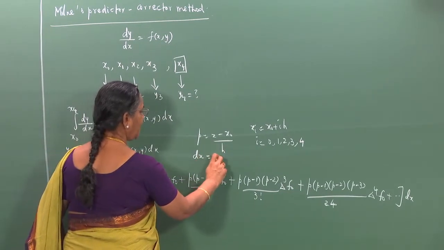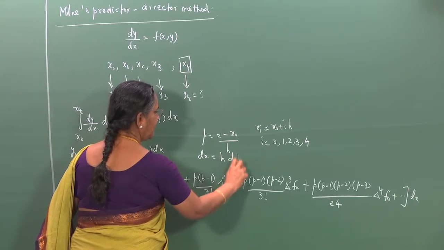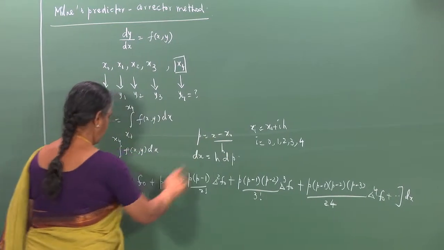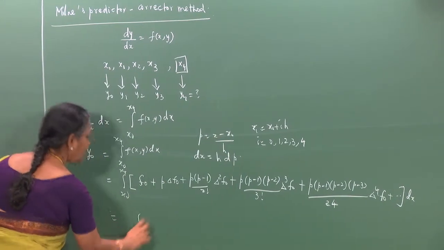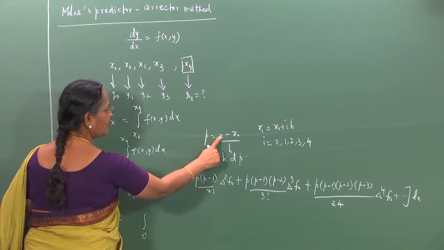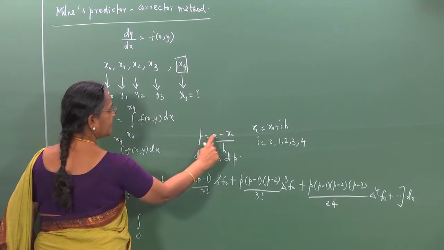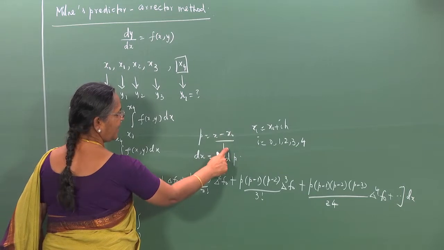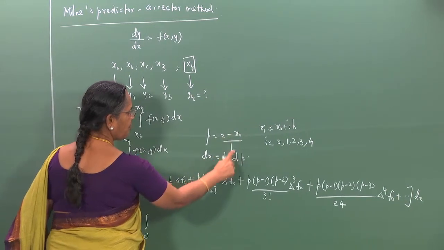So, dx will be h into dp, and when x is equal to x0 p is 0, and when x is equal to x4 p is x4 minus x0 by h. So, it is 4h by h.